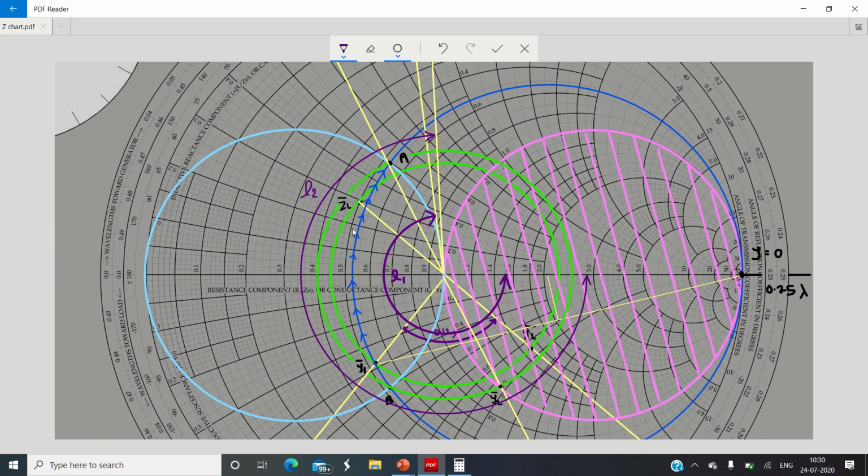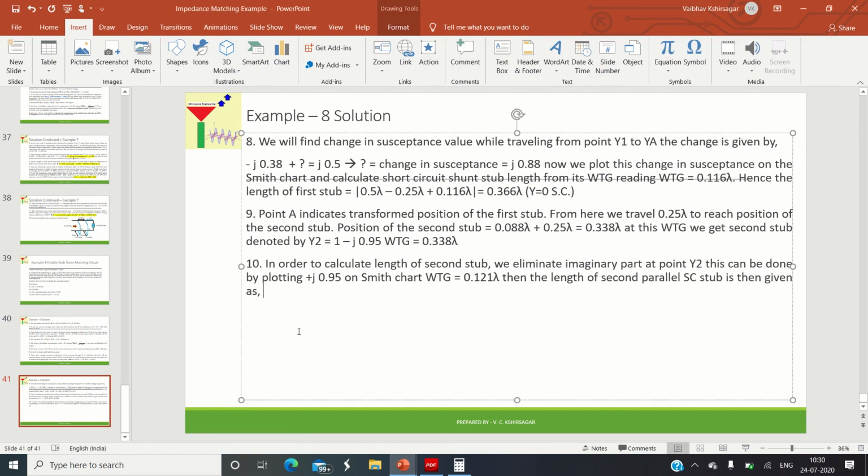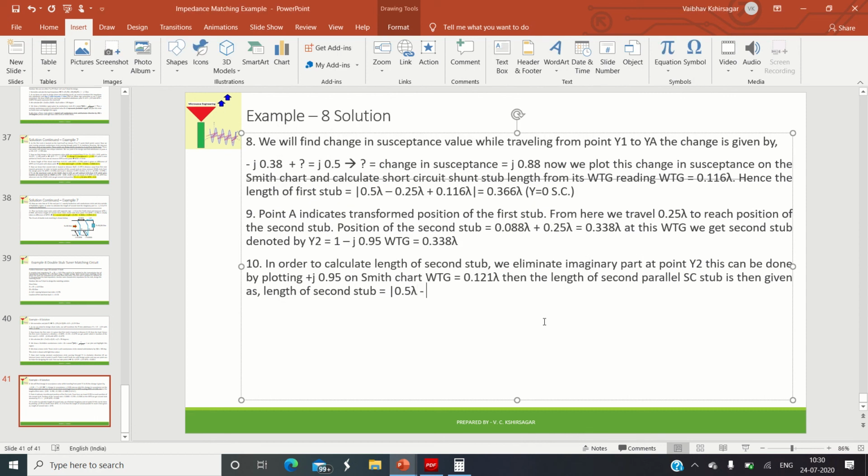Again, you need to calculate the length of the second stub. How will you calculate? From here, 0.25 lambda to 0.5 lambda. So what is the difference again? 0.25 lambda, add 0.121 lambda to that. So the length of the second stub is equal to 0.5 lambda minus 0.25 lambda, the other side point, right?